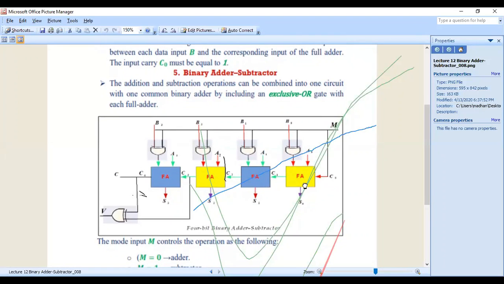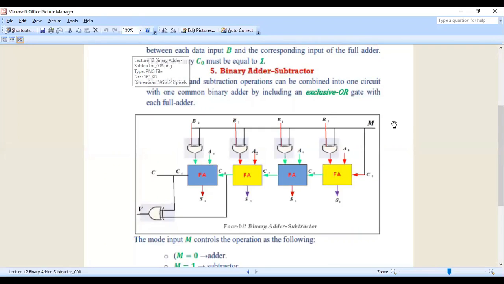M equal to 0 means it will perform addition, and M equal to 1 means it will perform subtraction. So by default we pass the C0 value as 1.